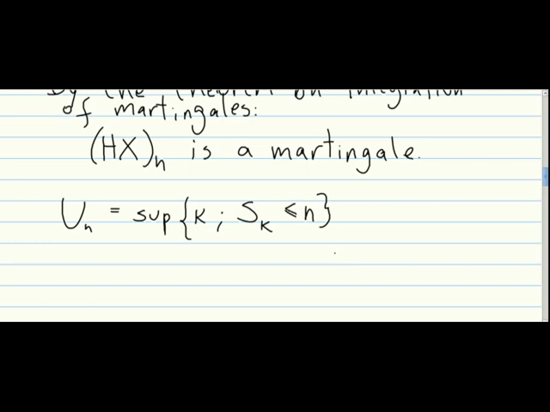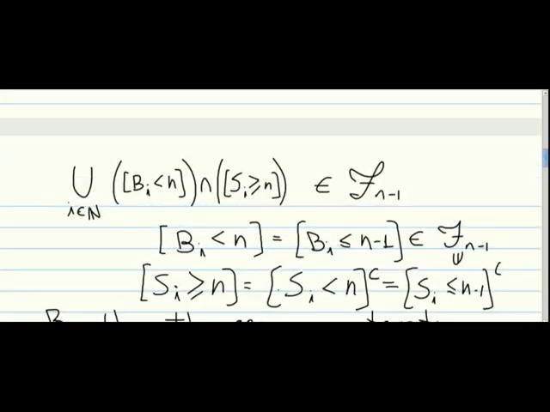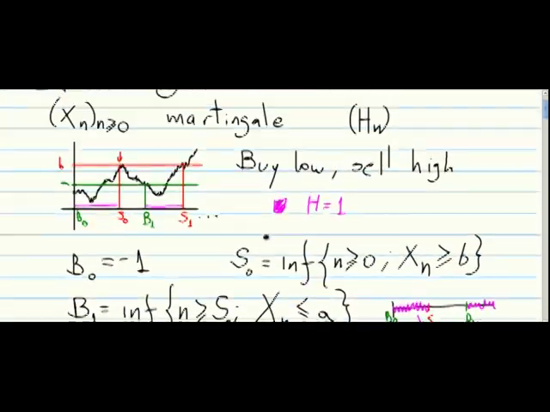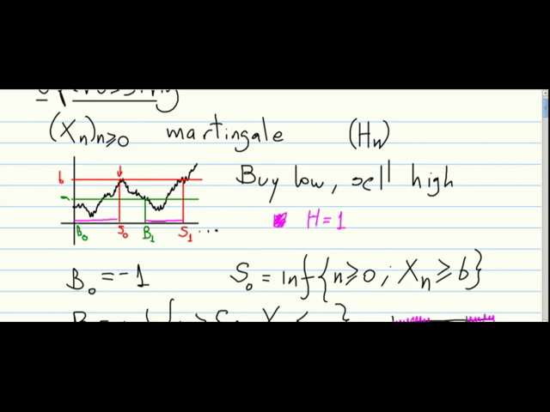What does that mean? It's the number of times that we crossed the curve from bottom to top until time n. So if we look back into our martingale here, and this is time n, then we see that S0 is smaller than n, good.